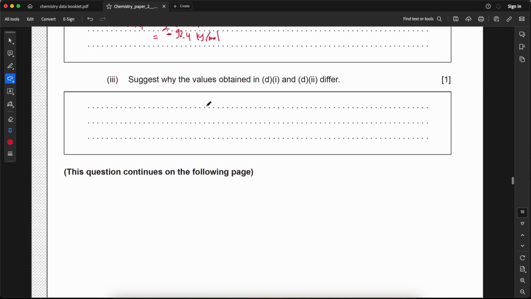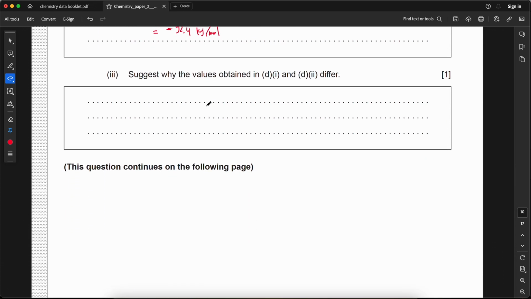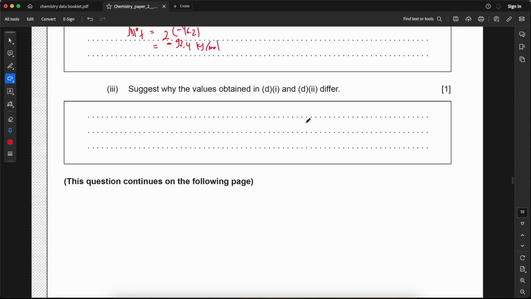Suggest why the values obtained in D1 and D2 differ. Because it uses the N-H bond enthalpy, which is an average and may not be a precise value in NH3.